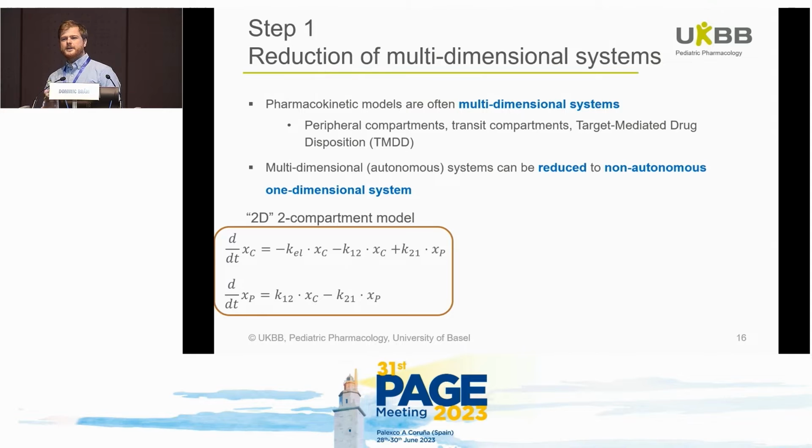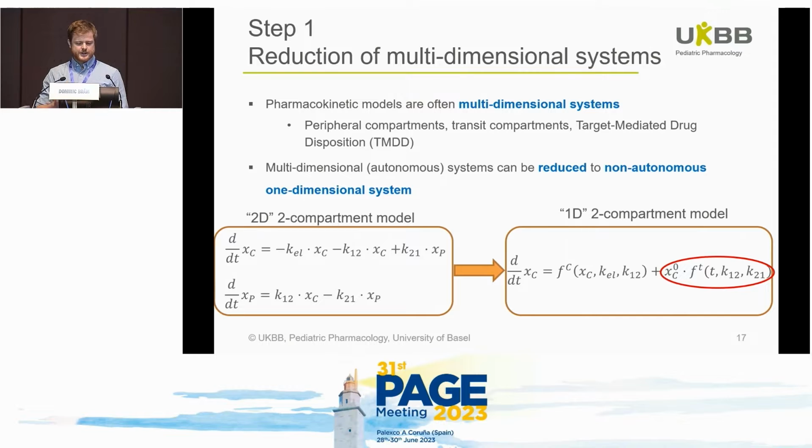Here you see the classical ODE 2-compartment model with central compartment and peripheral compartment. Now we can solve explicitly the peripheral compartment and use this in the central compartment. This is just to illustrate how it works. The real function would be too long, but then we get this structure for a one-dimensional 2-compartment model.